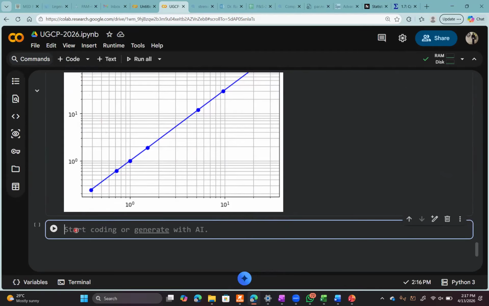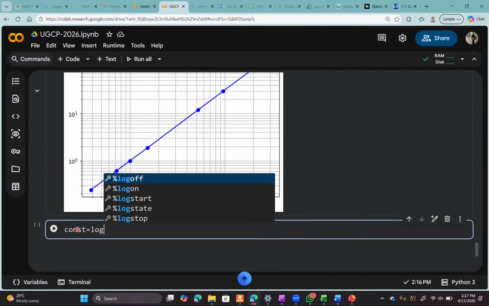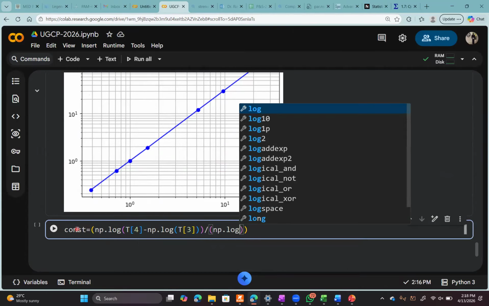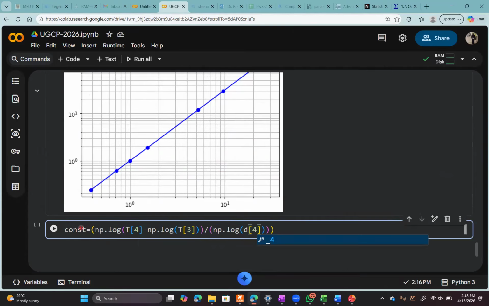I would say the constant is equal to numpy log of some value, say t4, minus numpy log of t3, and it should be divided by numpy log of d4 minus numpy log of d3.